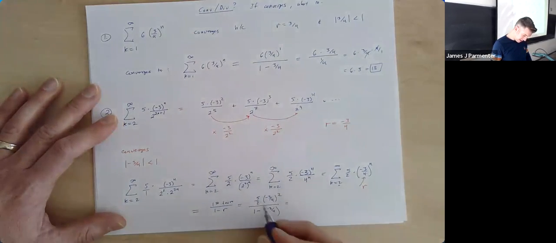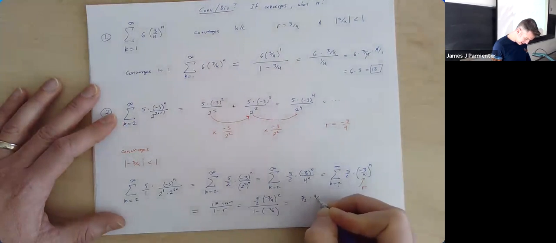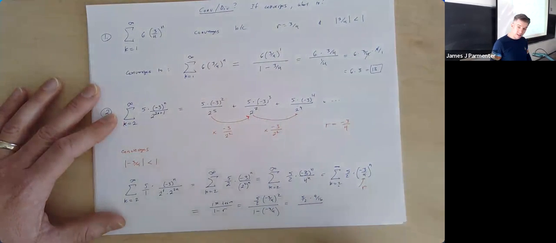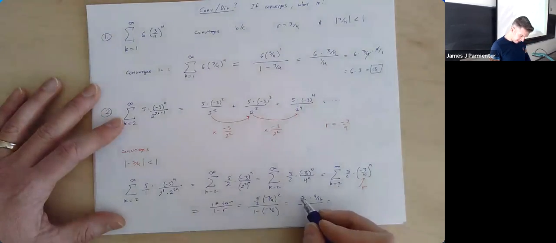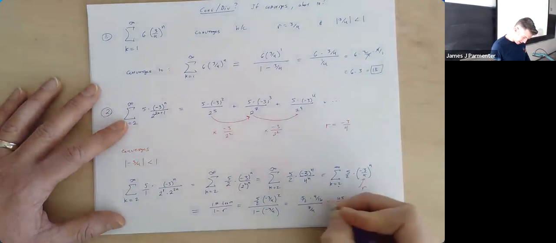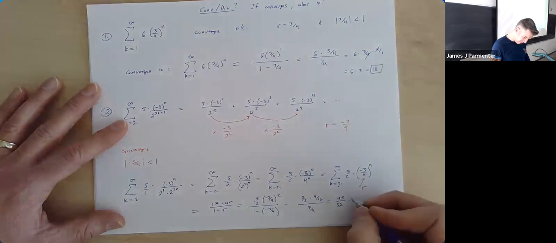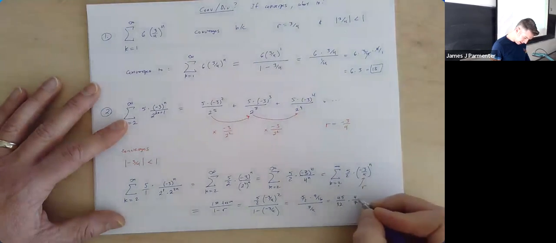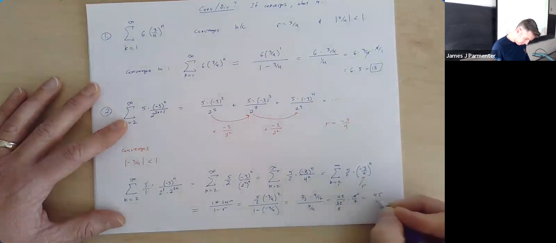So now I'm going to simplify this. I'm going to have 5 halves times 9/16 over 1 plus 3/4, which is 7/4. So I would simplify this. I've got 5 times 9 is 45. So 45 over 2 times 16 is 32. Multiplied by the reciprocal of 7/4, which is 4/7. So then I cancel a 4 here and a 4 here and end up with 45 over 56.